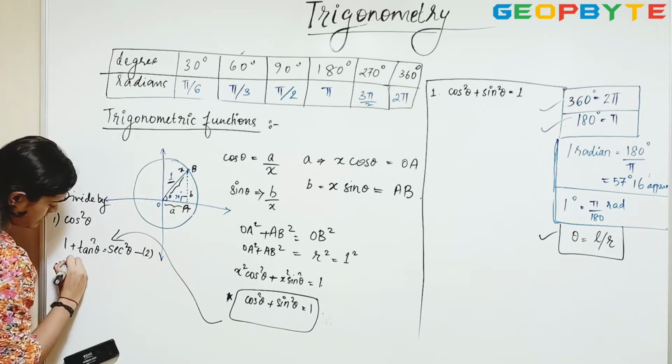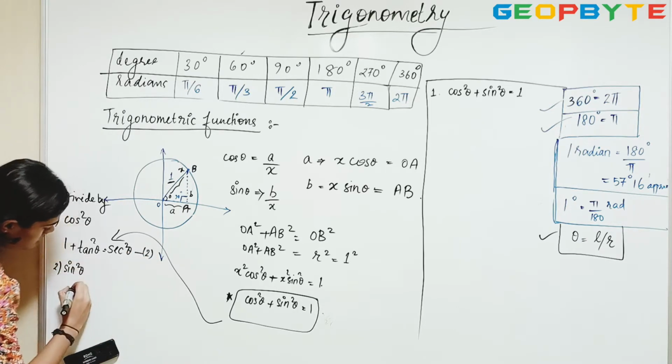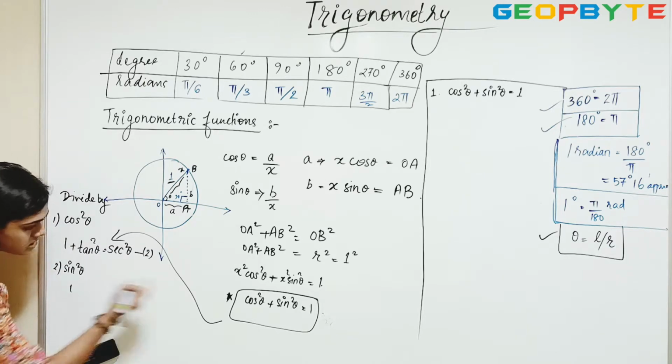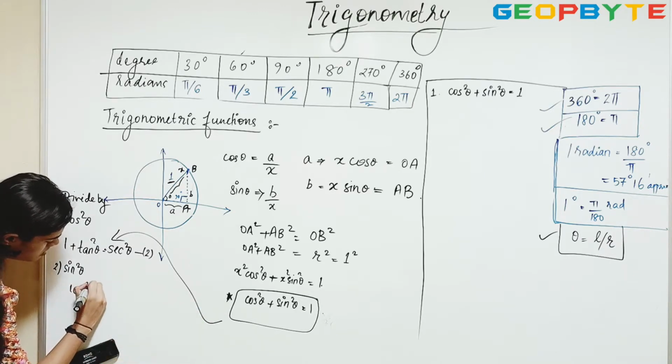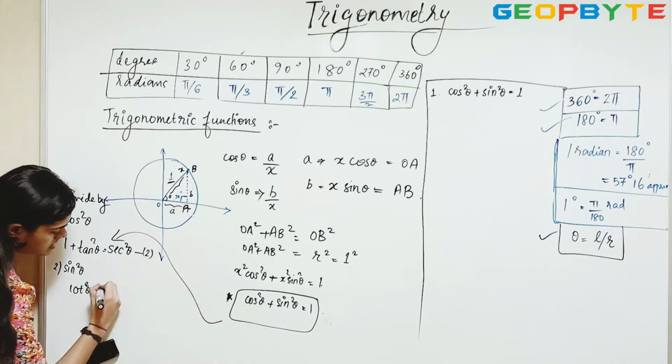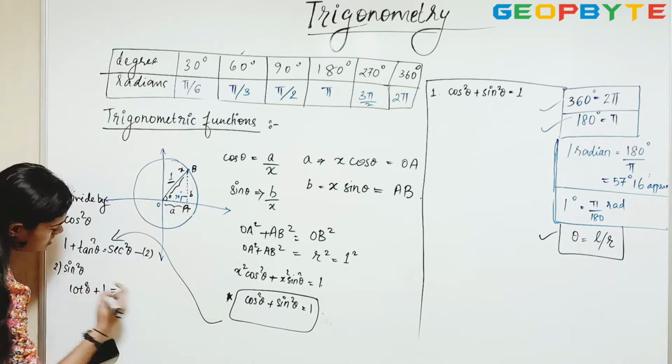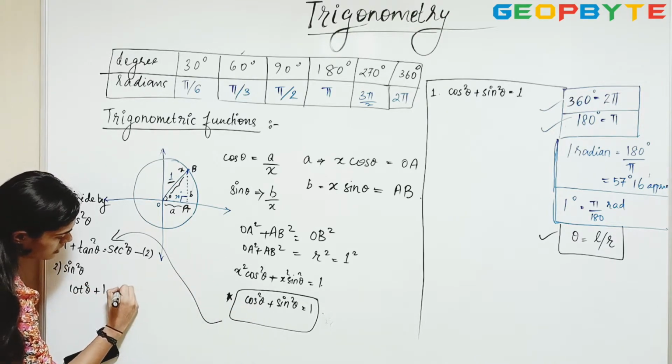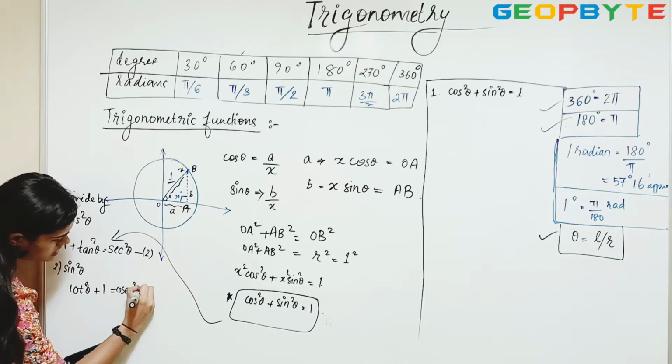What if I divide by sin square theta? That is cos square theta by sin square theta is cot square theta plus sin square theta by sin square theta is 1. 1 by sin square theta is my cosec square theta.